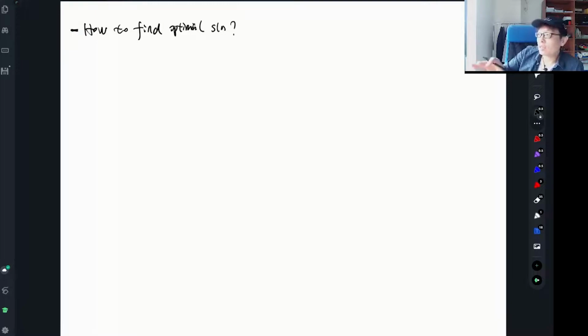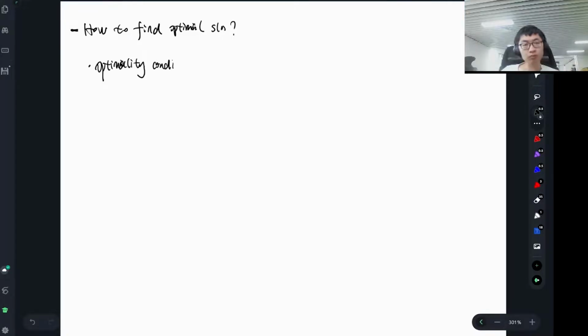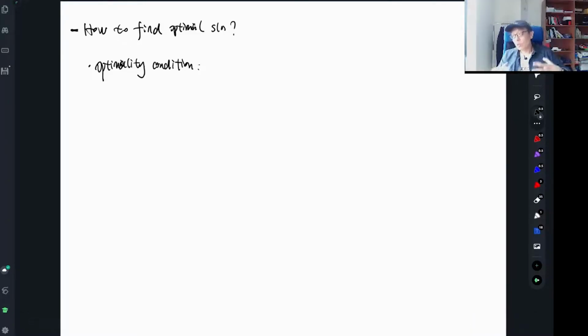It's like you want to find someone, you need to describe what that someone looks like. That thing is called the optimality condition. It basically characterizes what optimizers need to satisfy, and that's the condition you use to find the optimizer. If you find me, you need to describe what I look like, and that's exactly the optimality condition.